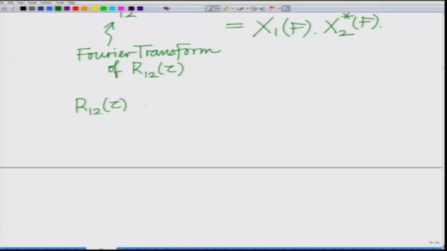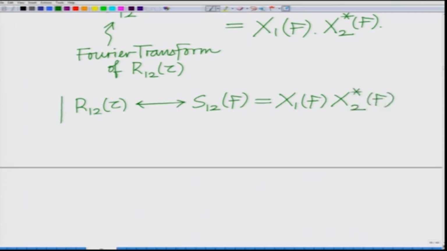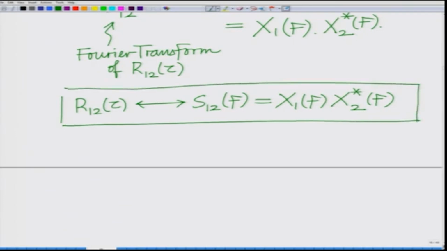Therefore, what we have is R12(tau), which has Fourier transform S12(f), which is equal to x1(f) times x2 conjugate of f.